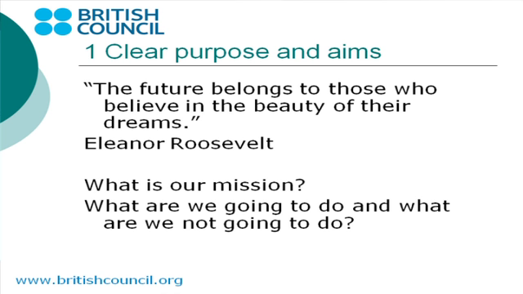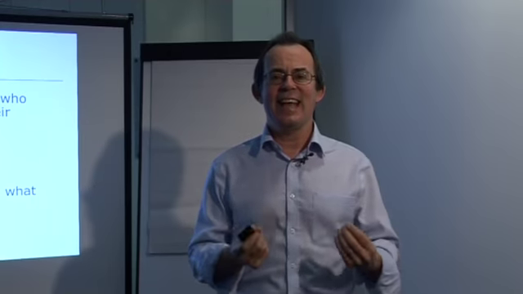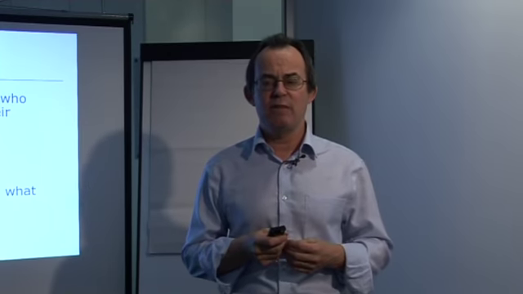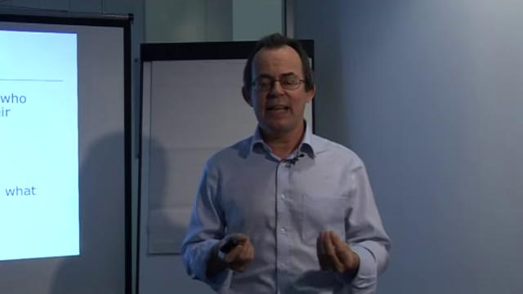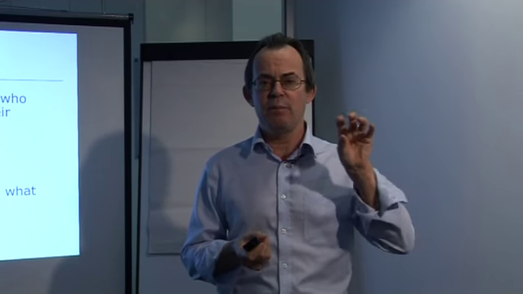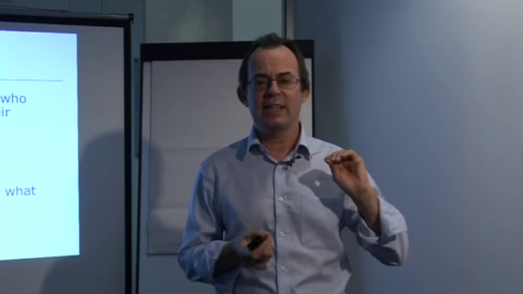And secondly, to be able to say, what are we going to do and what are we not going to do? Because every branch of every TA has limited resources available to it. So a key question running from the mission is to turn the mission into specific activities that we can accomplish for local teachers.